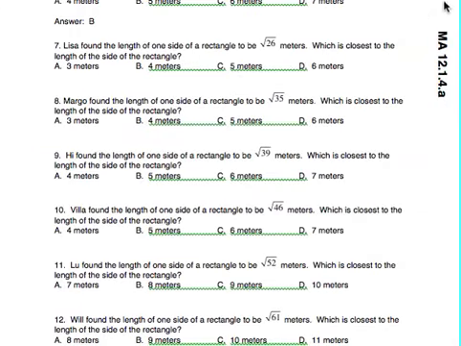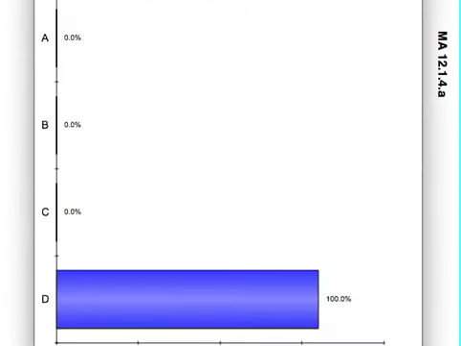Yep. All right, root 35, number 8. What is root 35 closest to? D, nice job. Let's look at the next one.